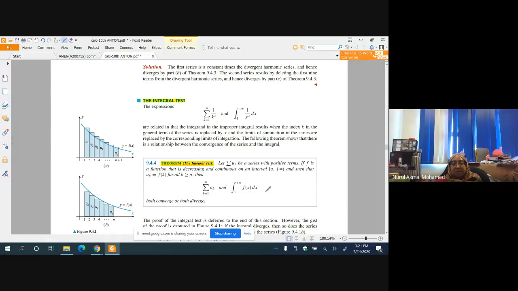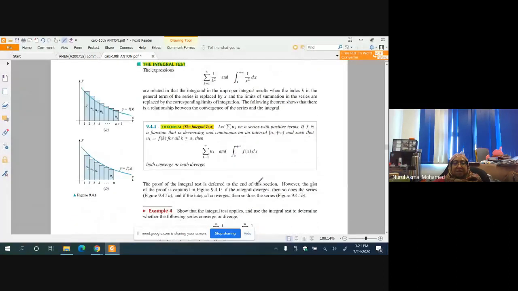If it diverges, it means that it is equal to plus infinity, either plus infinity or negative infinity.